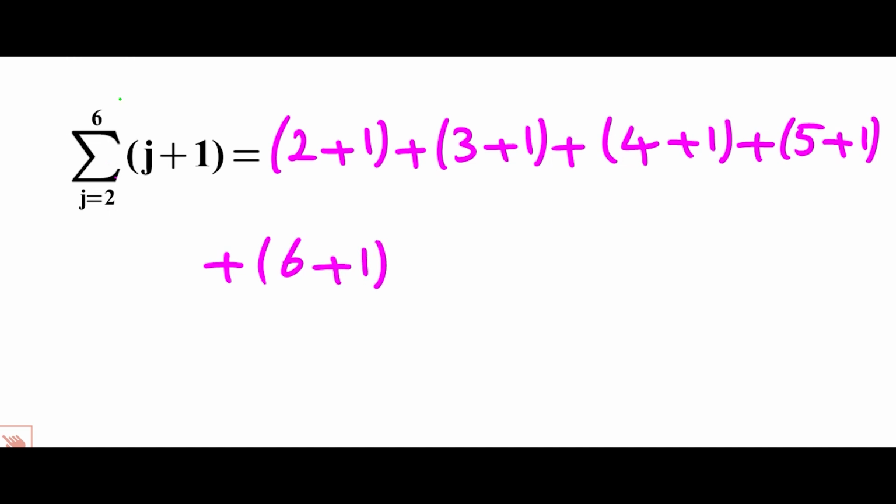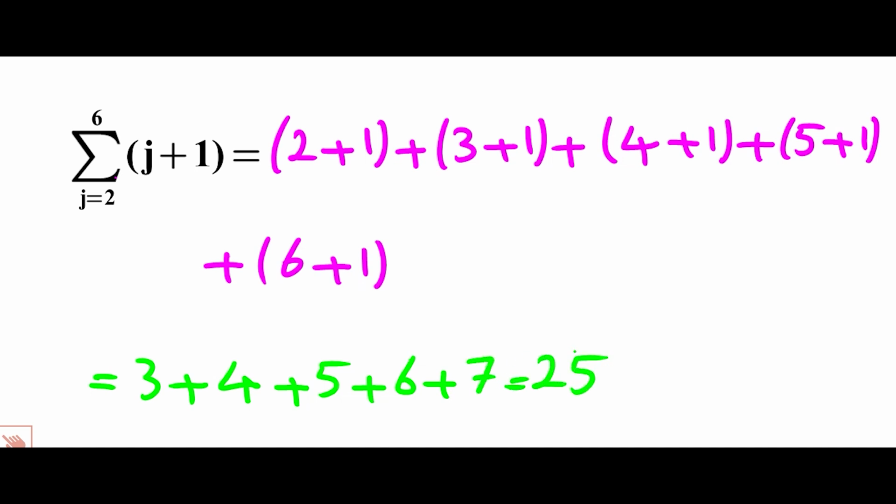So we have 2 plus 1 is 3, plus 3 plus 1 is 4, 4 plus 1 is 5, 5 plus 1 is 6, and 6 plus 1 is 7. So we have 25. The sum of j plus 1 from j equals 2 to 6 is 25.